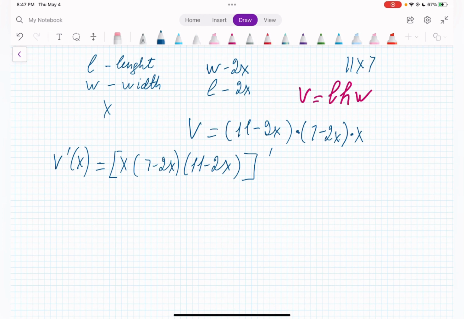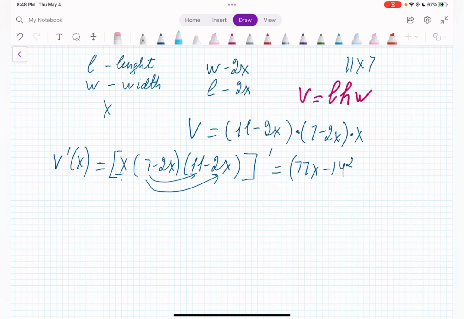All right, so the easiest way is going to be to multiply by each other first. So 7 times 11 is 77, and I'm multiplying also by x, so it's going to be 77x. Next, 7 times negative 2x is negative 14, and this x also, it's going to be x squared.